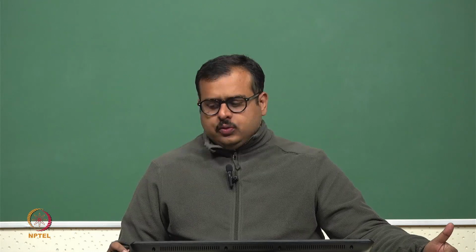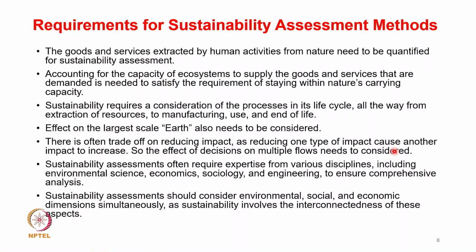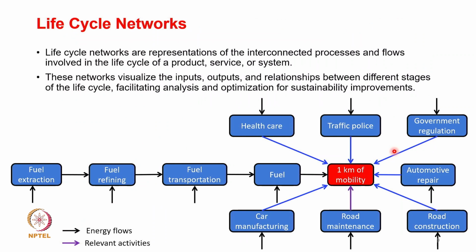So we spoke about assessment and how to assess. Once you have to assess, you will have to go across roles, and once we start doing that, we find that they are all interconnected. So how to capture these interconnections? That is what is made available by means of this idea called life cycle networks.